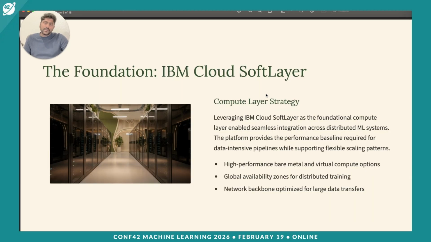Now let's look at IBM Cloud SoftLayer. It gives high performance bare metal and virtual compute options. Also, we have global availability zones in IBM Cloud SoftLayer, and a network backbone optimized for larger data transfers, which is a key aspect to consider while moving to production systems to overcome any bottlenecks on throughput, IOPS, or latency.